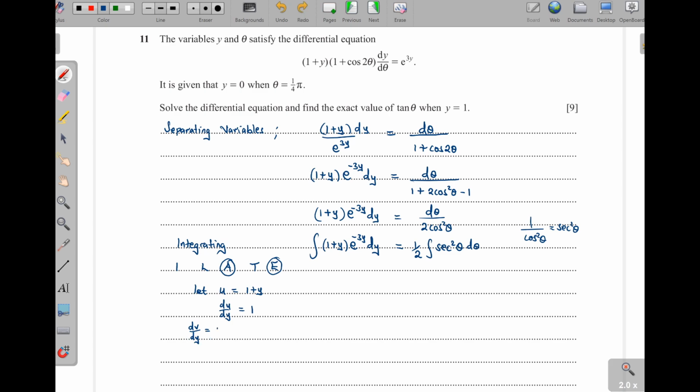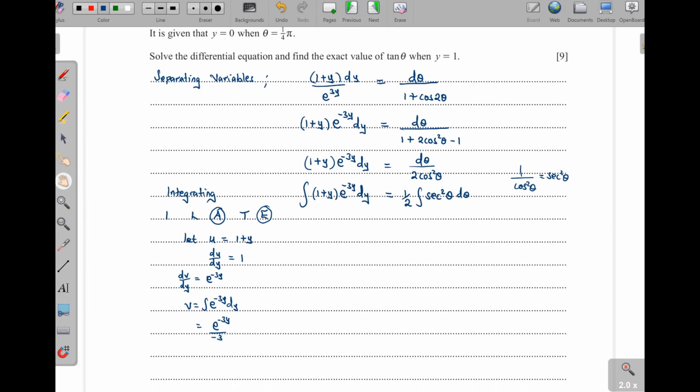So dv dy is this e to the power of negative 3y. Now, when we integrate this one here to get our v, when we integrate an exponential function, we get the derivative of the power here, then we divide it by that function, okay? So when you differentiate this one, you get a negative 3, so you divide it here. So that is what we are having there.